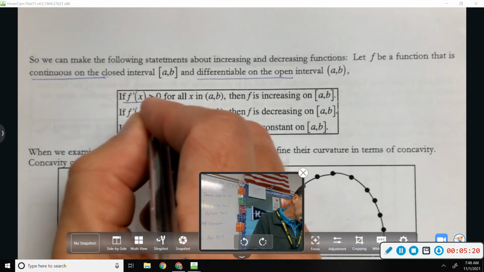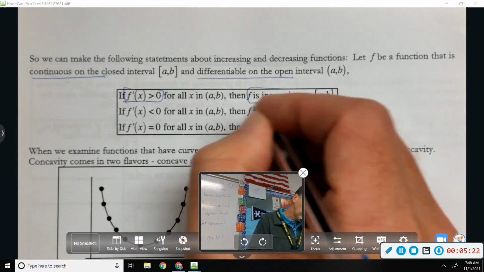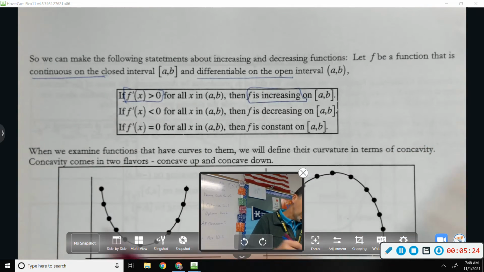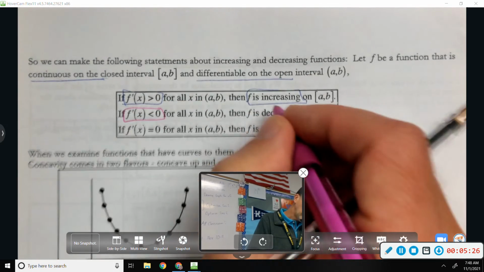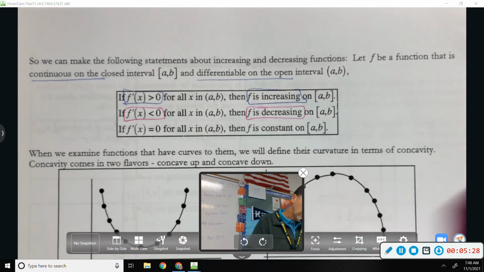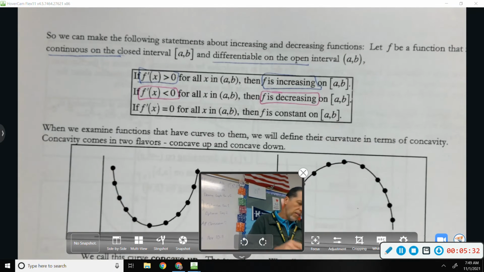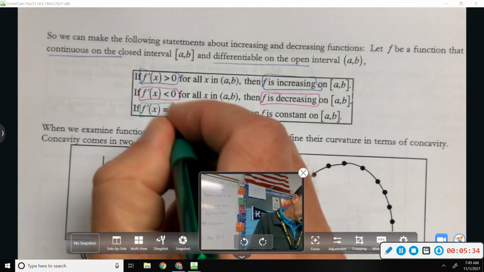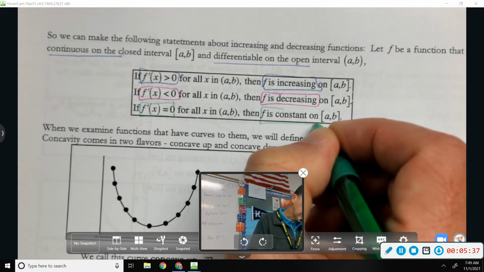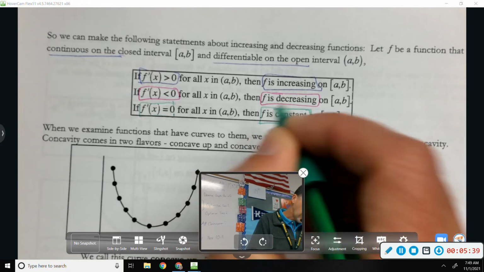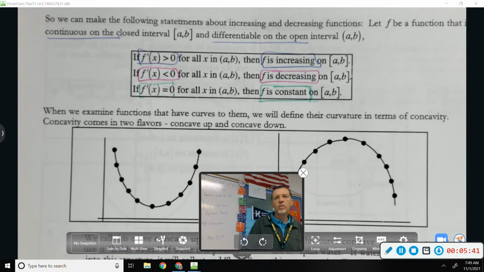F prime greater than 0 means f is increasing. F prime less than 0 means f is decreasing. If f prime is equal to 0, then f is constant. All right, that's old news, I hope.